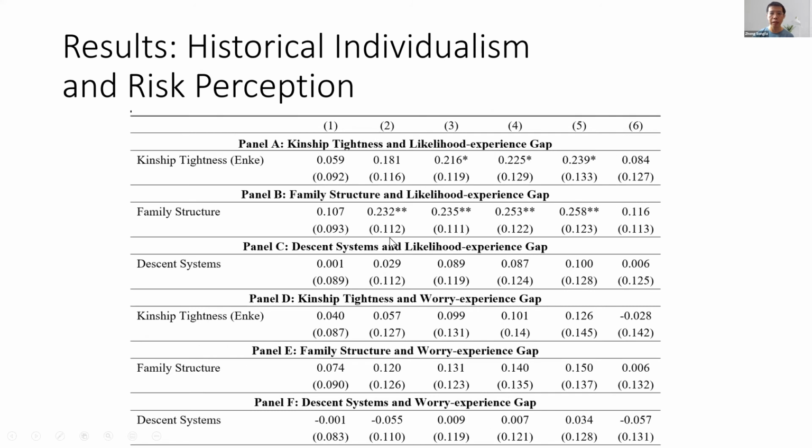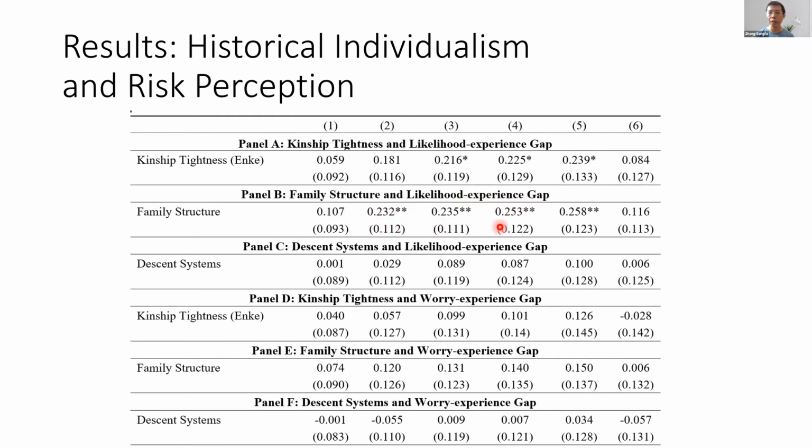So in the paper, we also conduct a similar analysis for historical individualism. You can see most of the regressions are insignificant, but in our preferred specification, say the feminine structure, we can see that it's statistically significant between the feminine structure and the likelihood experience gap.